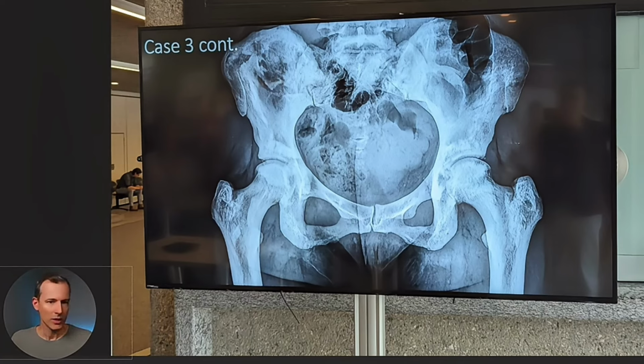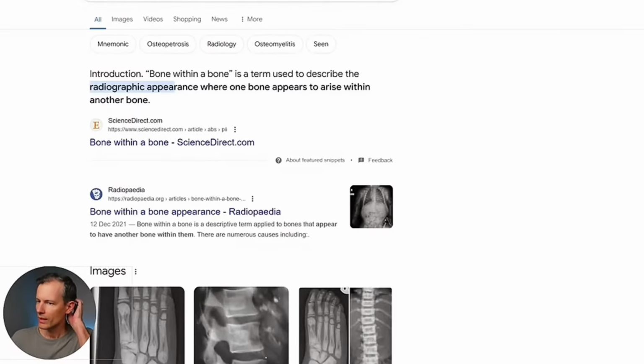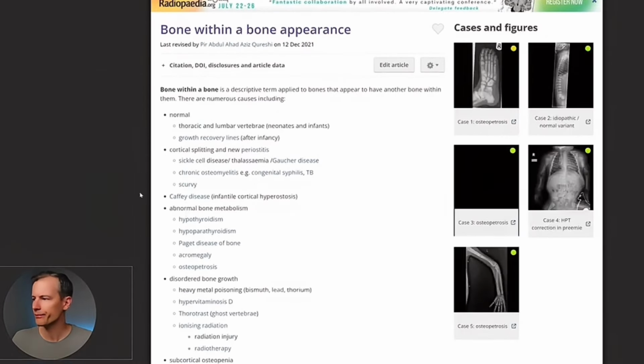Let me just see if I can pull this up. Okay, this is what I typed in, bone-in-bone appearance. Bone-in-bone is just a descriptive term, and Radiopaedia has a nice overview of what could potentially be the case.